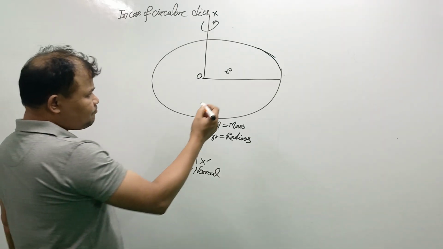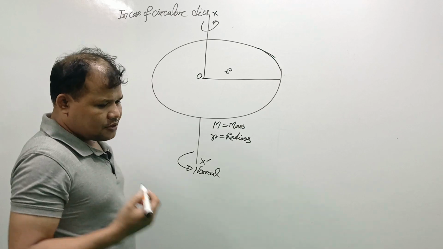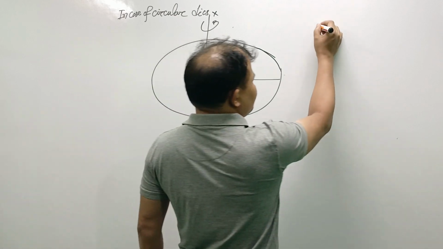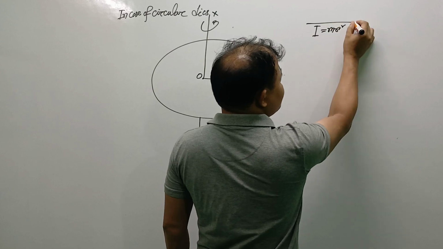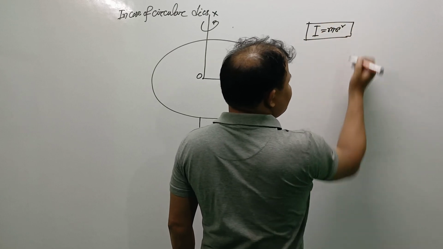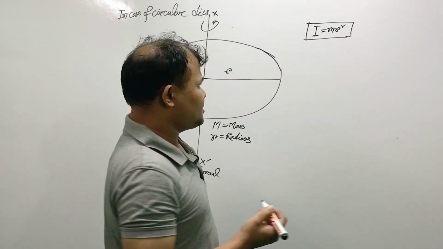At first, our concept is to find the moment of inertia of a very small part. Our equation is m r squared. This is the equation for the moment of inertia of a point mass.